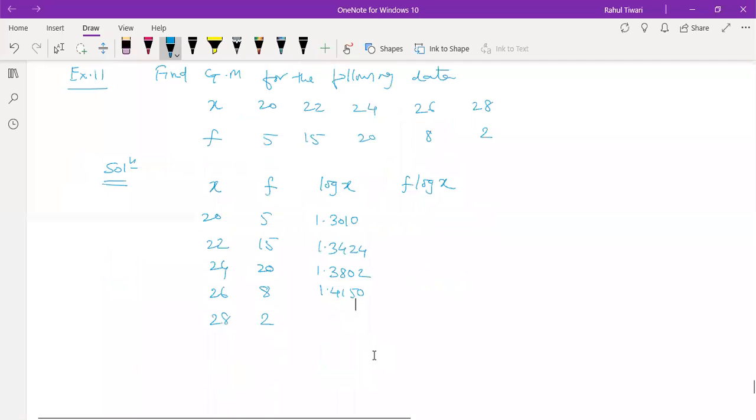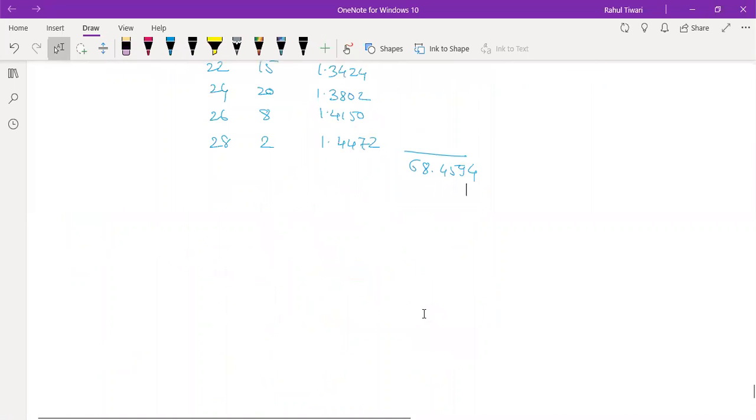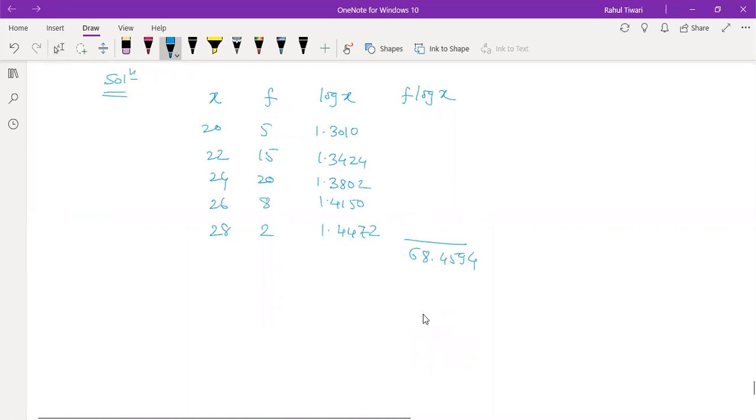Just cross check whether you are getting the same answers or not. And if you multiply this quantity with this quantity, the total will be 68.4594, and then substitute in the formula here, and this total will be 50.